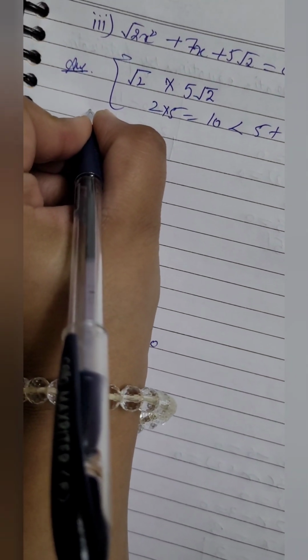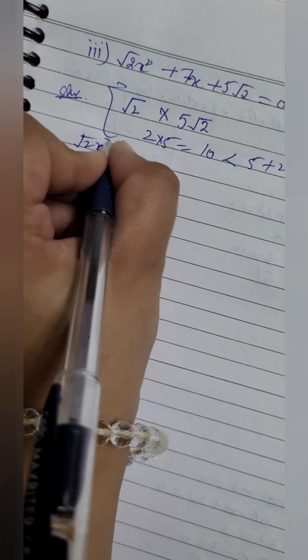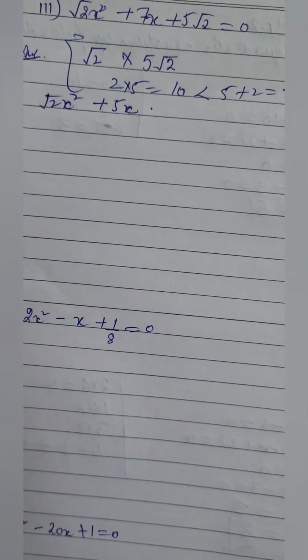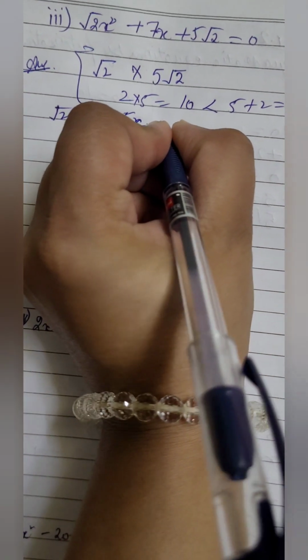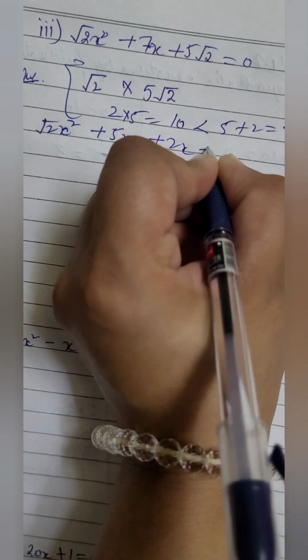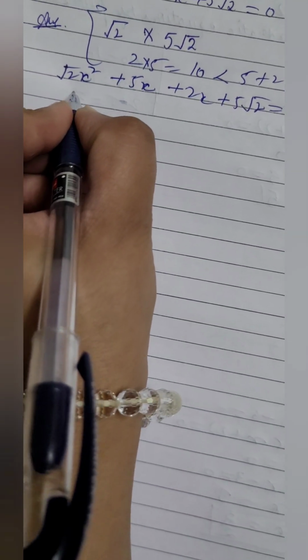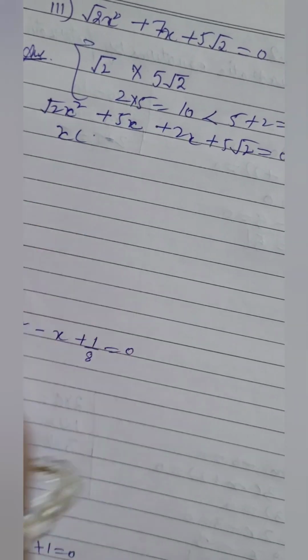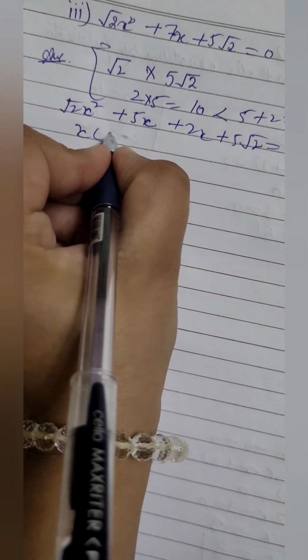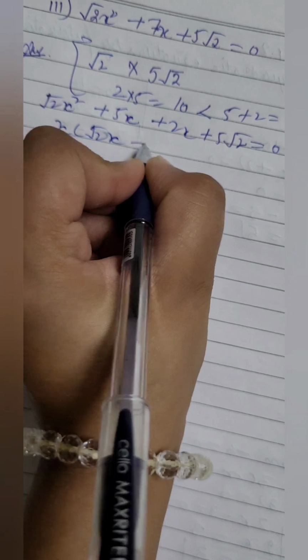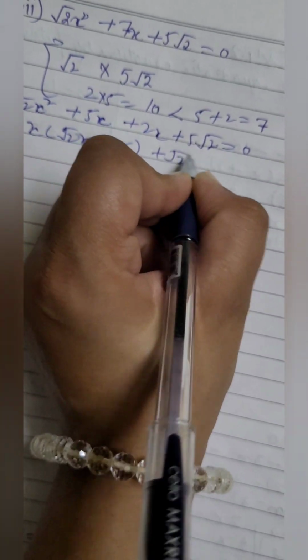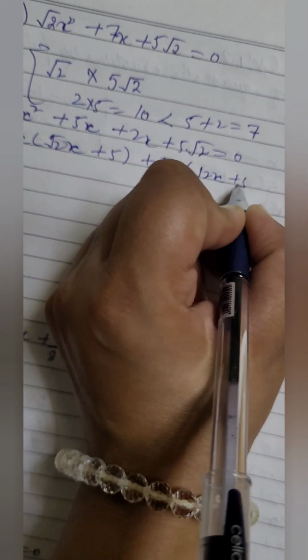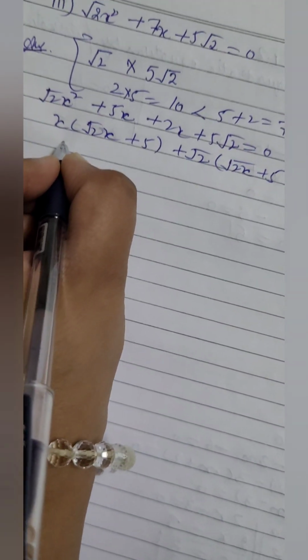So now we have root 2 x square plus 5x plus 2x plus 5 root 2 equals to 0. This is the factorization we have completed. We have to take the common. So x into root 2 x plus 5 plus root 2 into root 2 x plus 5 equals to 0.